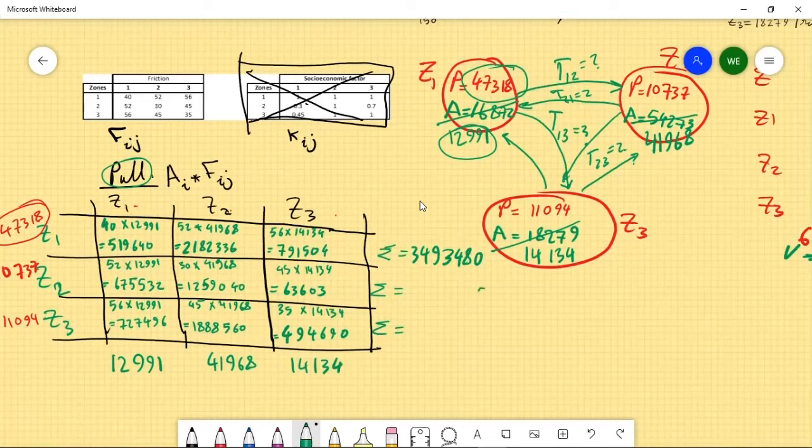Okay, it's going to be 5 here. 199,8175. Right? Okay. And the last one?